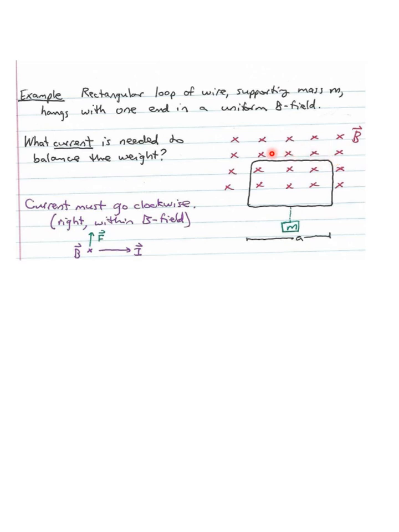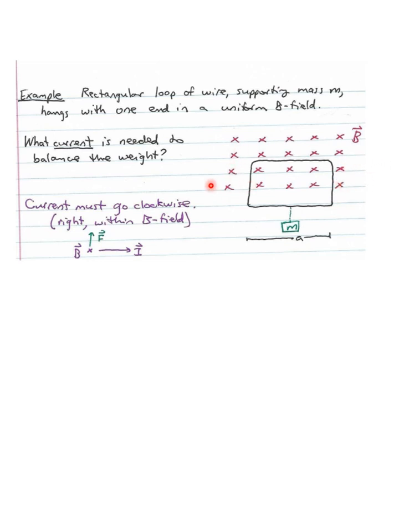Now, there's also a force on the left side and the right side. On the left side, with the current going upward, you should see that the force on this left side is going to point to the left. On the right side, if the current is going around the loop, the current is going down, and so you can use the right-hand rule to find that the magnetic force on the right side is to the right.